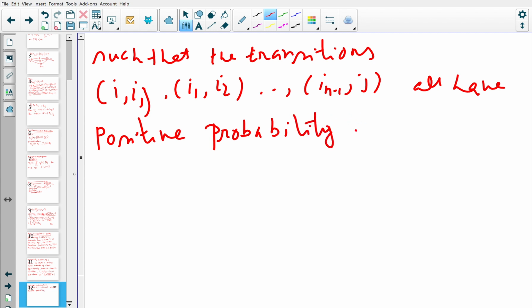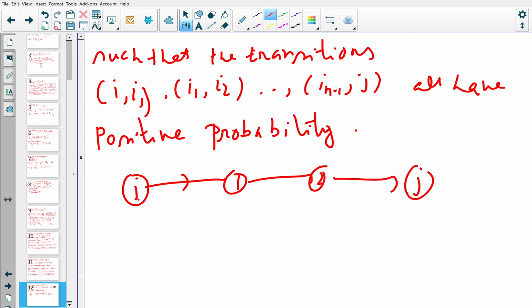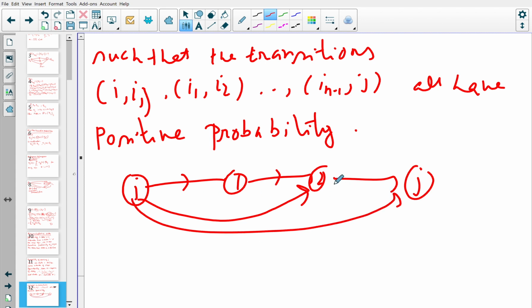So this is the meaning of accessible. We start with i and go somewhere, then somewhere else, and then you go to j. You can go by here or you can go direct. Then we call this accessible. So it can be in one step or two steps or many steps.